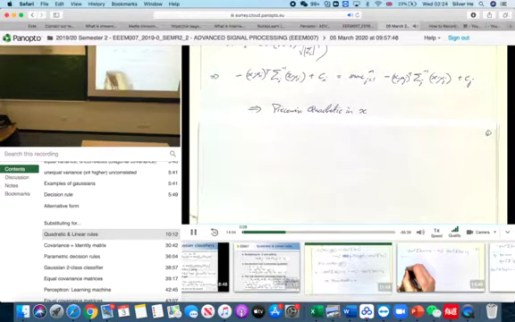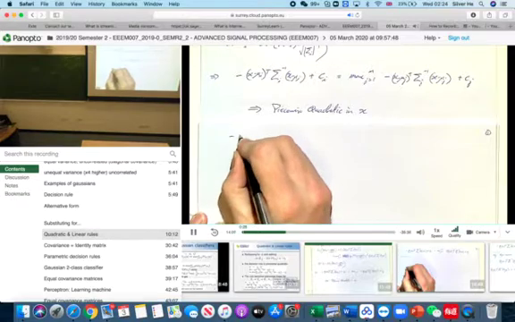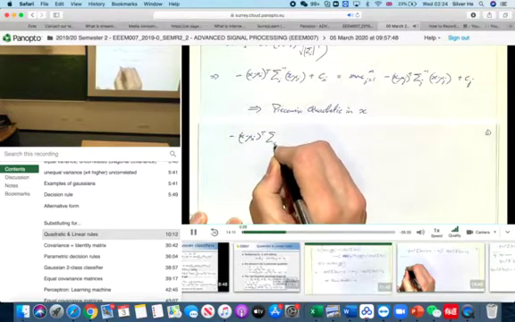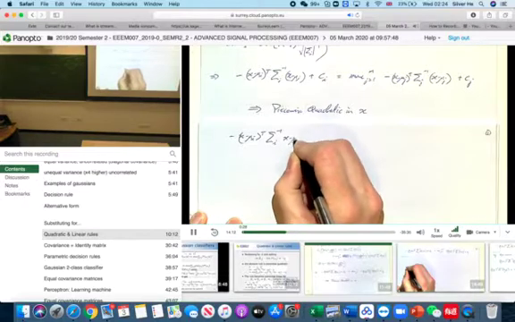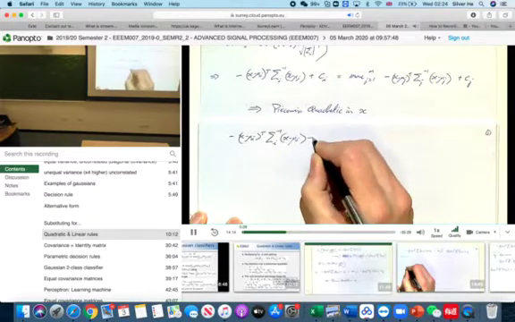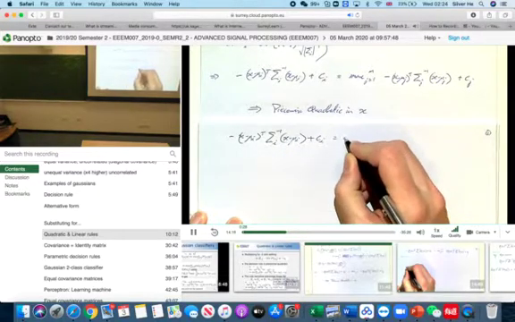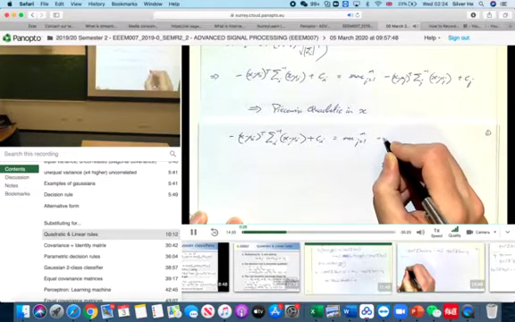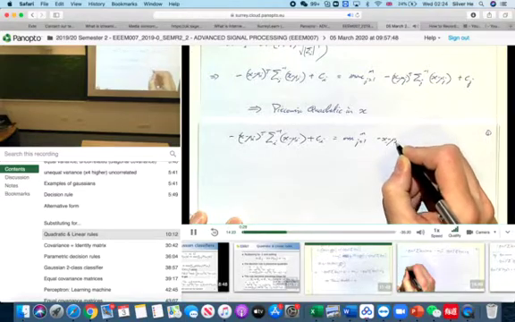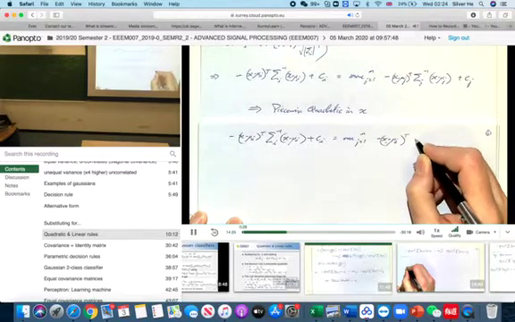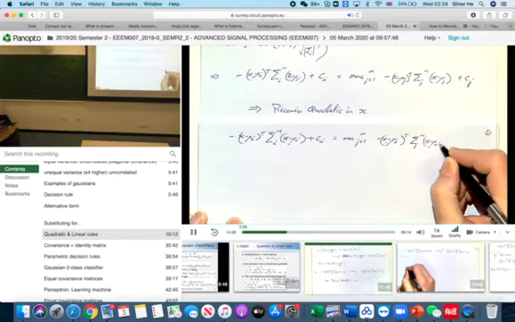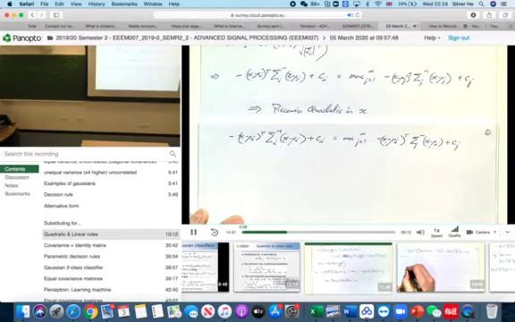So let's write out this term: minus x minus mu I transpose sigma I to the minus 1, x minus mu I, plus Ci, is equal to the maximum from j equals 1 to n of minus x minus mu j transpose sigma j to the minus 1, x minus mu j, plus constant term Cj.